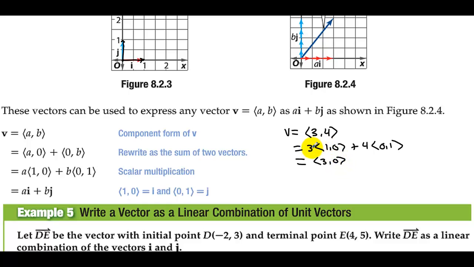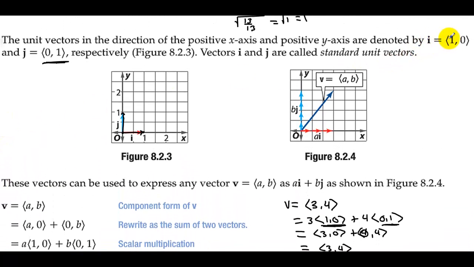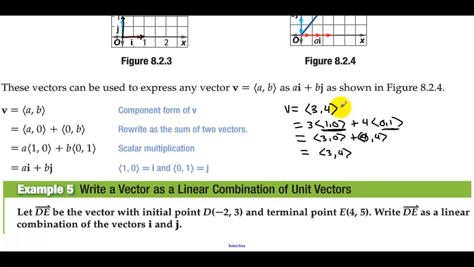We'd multiply 3 times 1 and 3 times 0, and get 3, 0. And then we can multiply 4 times 0 and 4 times 1, and we would get 0, 4. Now when we add these two together, 3 plus 0 would give you 3, and 0 plus 4 would give you 4. So we end up with the exact same thing. But rather than writing 1, 0 and 0, 1, we use the letters that are associated with those two unit vectors. i is 1, 0 and j is 0, 1. So we can write this vector as 3i plus 4j.